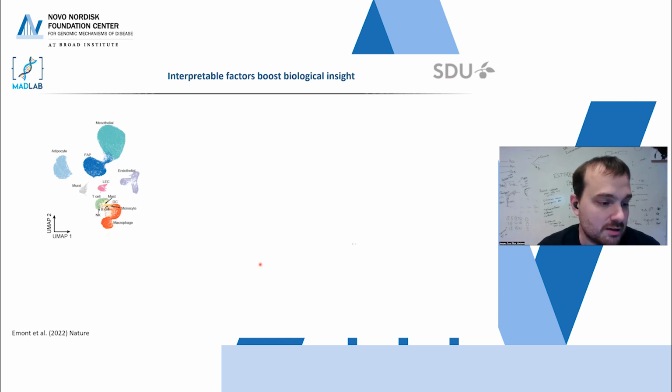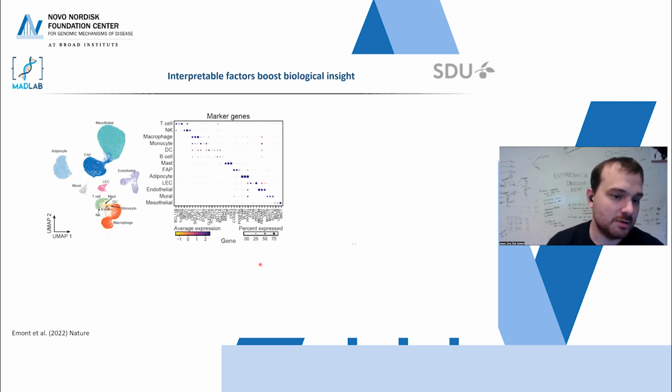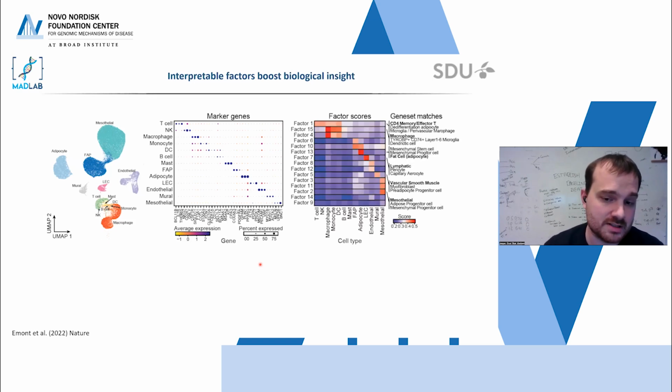jointly, and we labeled it and arrived at this particular UMAP. And we can see here that our marker genes, our labels, are well supported by established markers of these different cell types. What we then did is that we took the interpretable factors from jointly and we scored them for each of these cell types. And we saw a few different interesting things, I think.